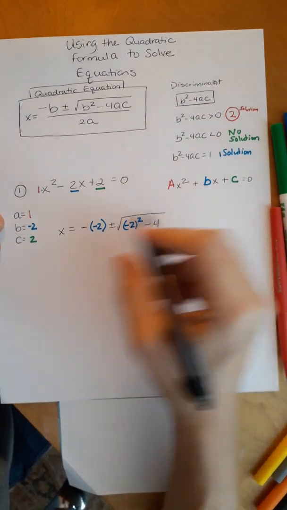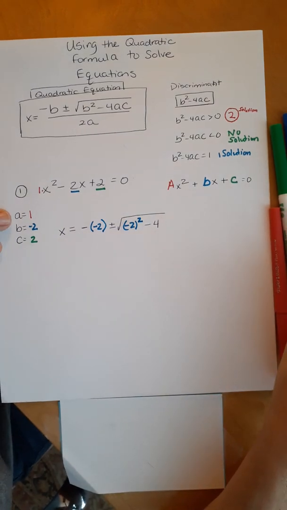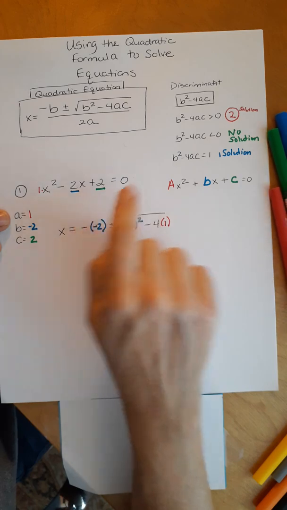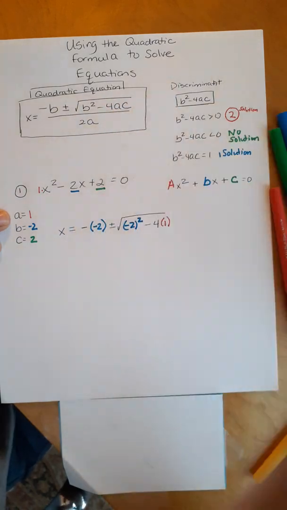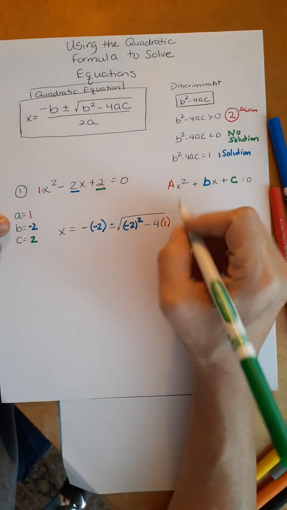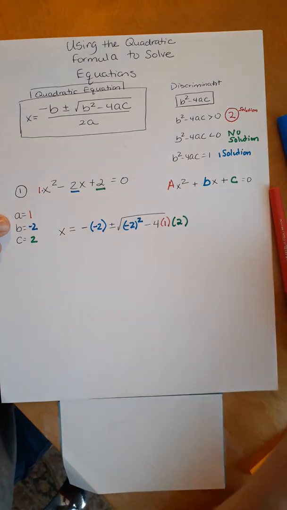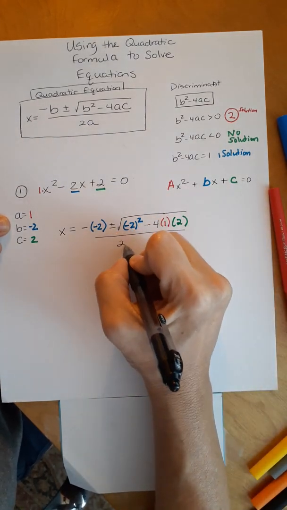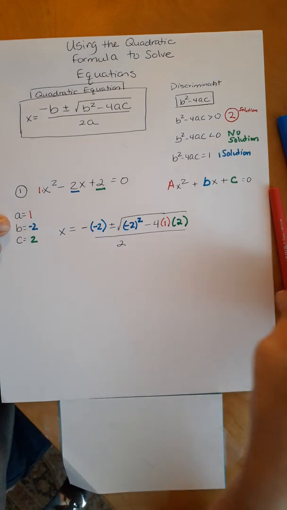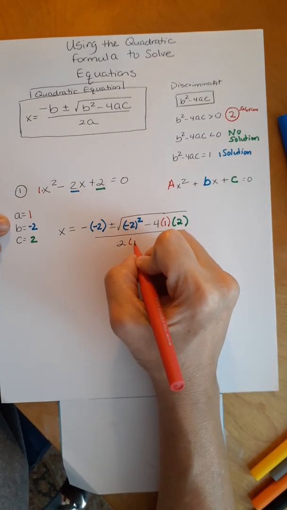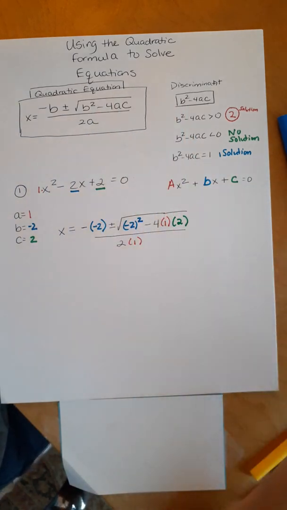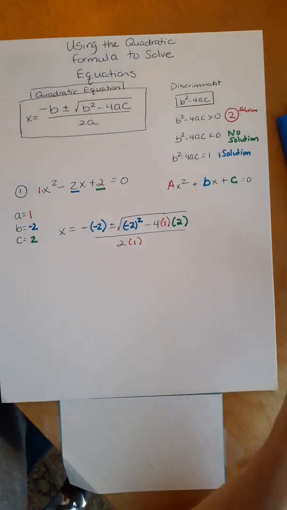Everything in black stays the same, by the way. 4, my A is 1. 1. 4, AC, and times 2. Let me put this a little bit longer. All over 2 times A. There's my A. Okay, cool. We're going to figure this out. Don't worry. We'll make it.